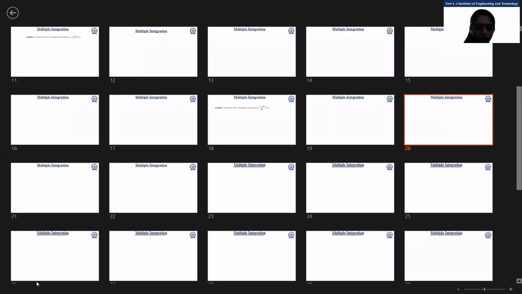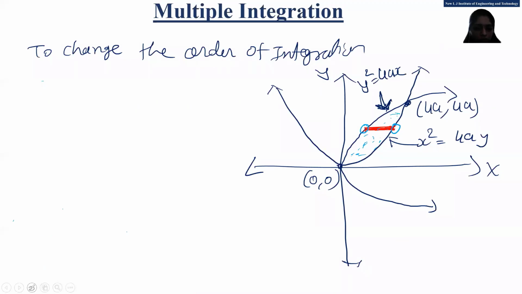So the limit of x is, see, if you keep x as the subject, then x is equal to y square by 4a.